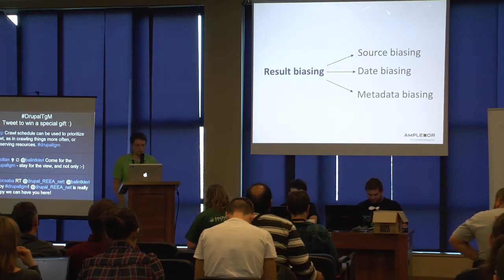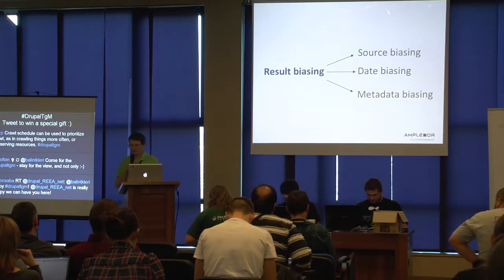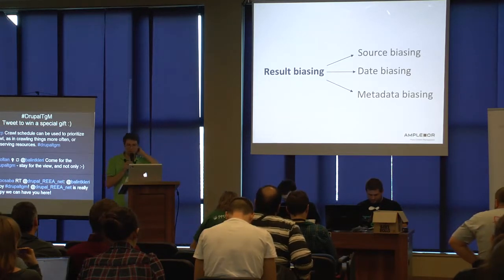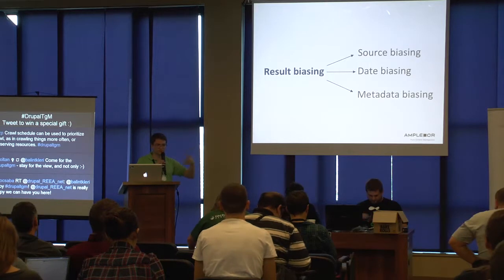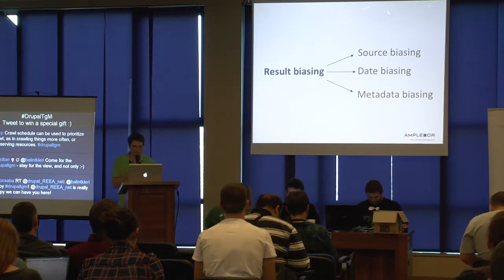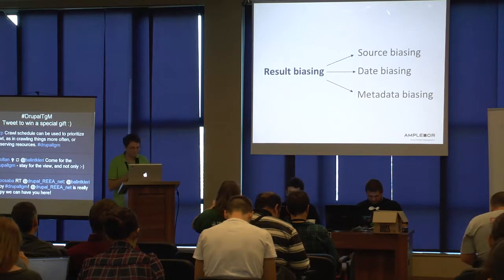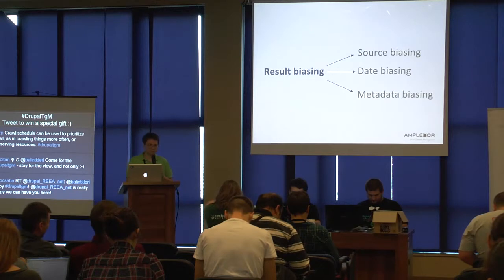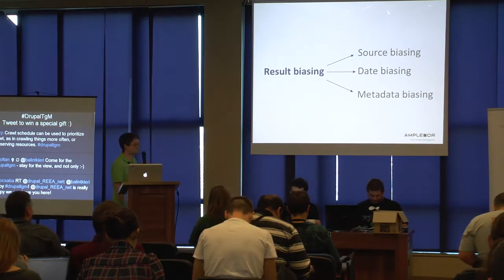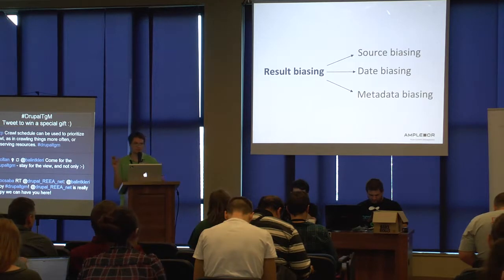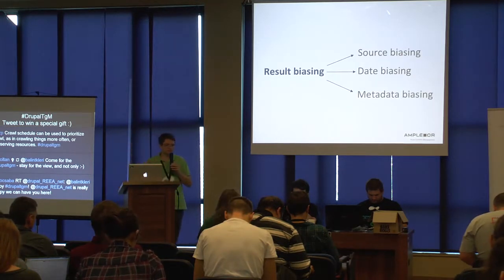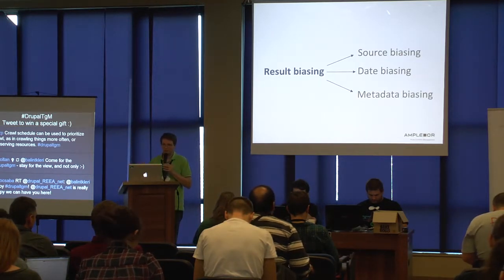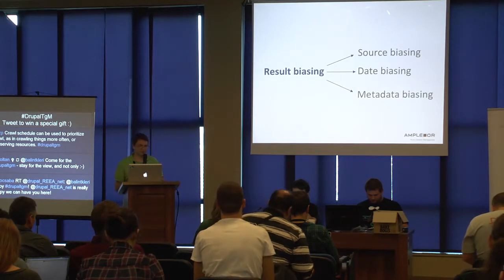Then, this is important too, result biasing. You know, there's a way of biasing what Google is returning as a result for certain searches. You have to create some kind of a policy. Then you choose your biasing. For instance, in our case, we don't use source biasing. Source biasing is biasing by patterns. So you can say certain patterns, these are more important than other documents having other patterns.